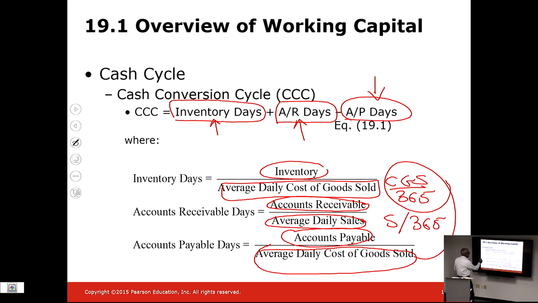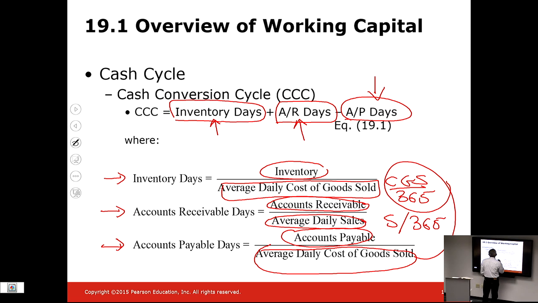Inventory days represents how long it takes for the firm to convert its inventory into sales. Accounts receivable days indicate how long it takes for the firm to collect on sales that they have made. And accounts payable days indicate how long it takes for the firm to pay out the money that they owe to their vendors.